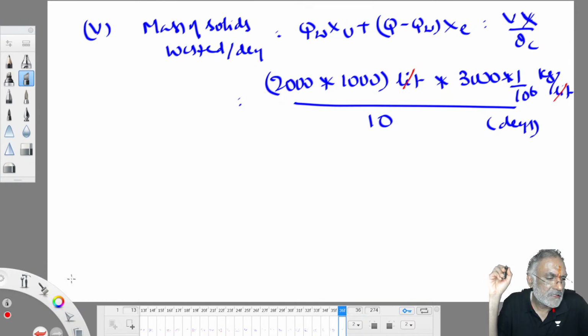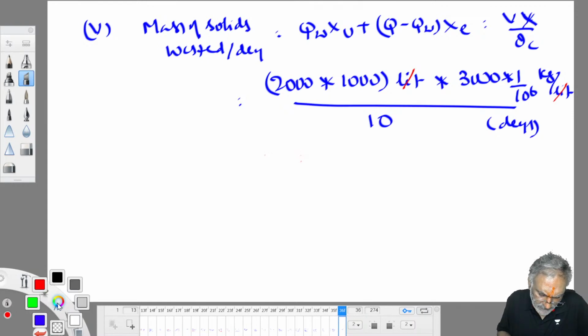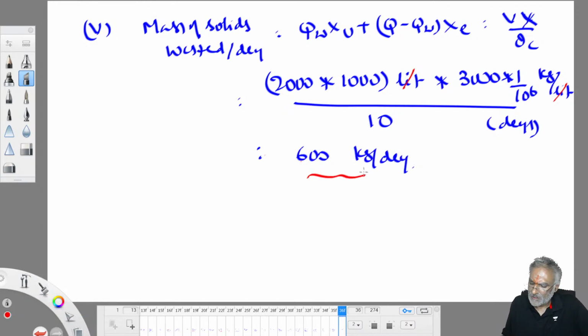So 2000 into 1000 into 3000 by 10 power 6 by 10. So it is 600 kilogram per day. Okay.